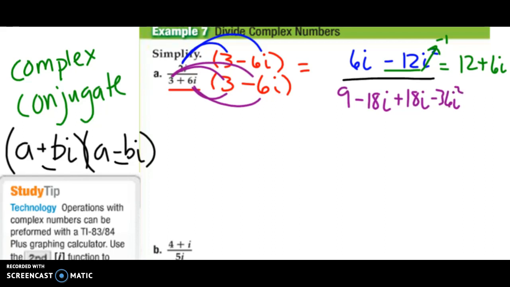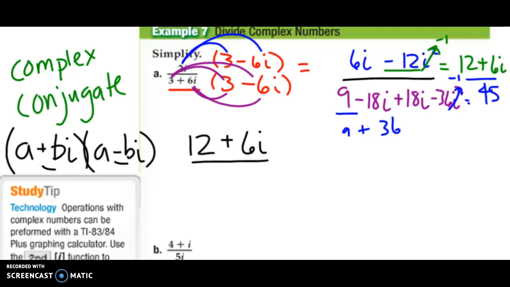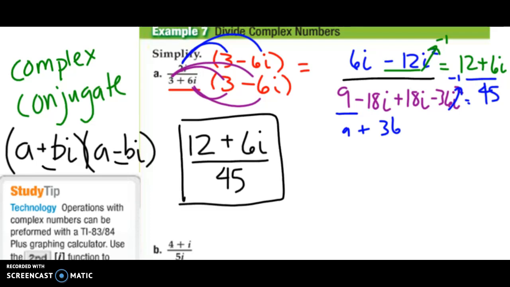And again, i squared goes to negative 1. So really I have 9 plus 36, because negative 36 times negative 1 is plus 36. So 9 plus 36 is 45. Now I have a real number on the bottom and a complex number on the top. So my final answer is 12 plus 6i over 45. That is my simplified version of this.